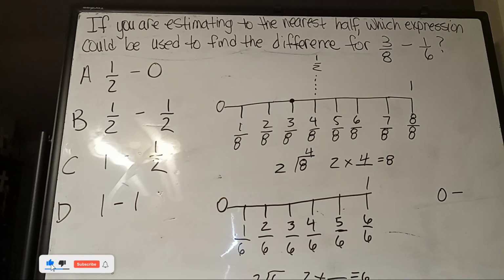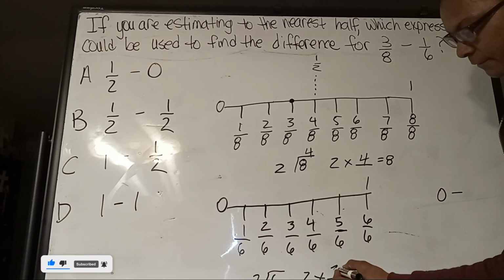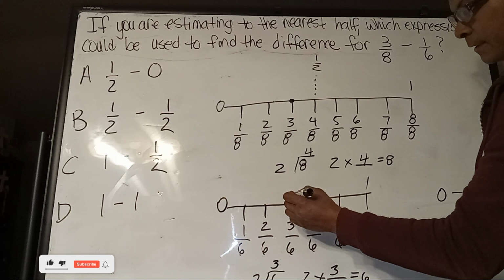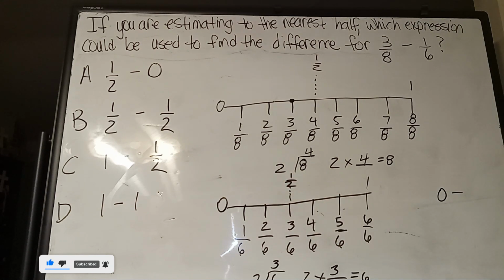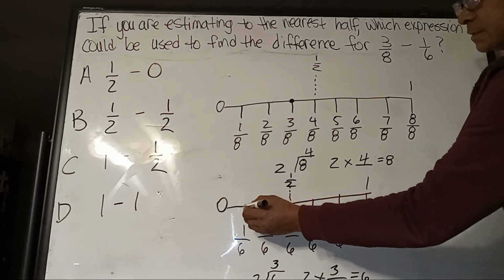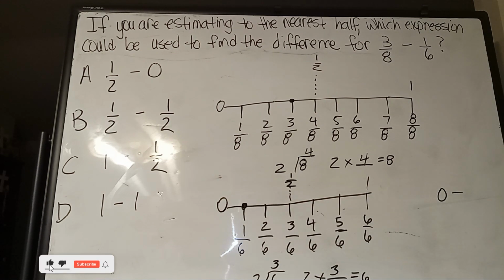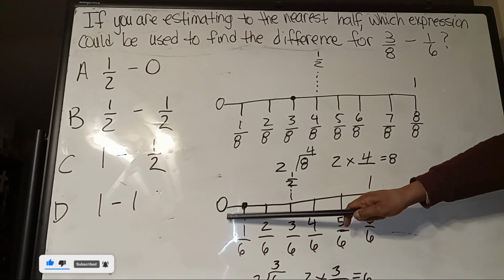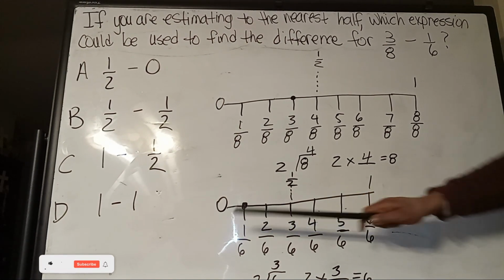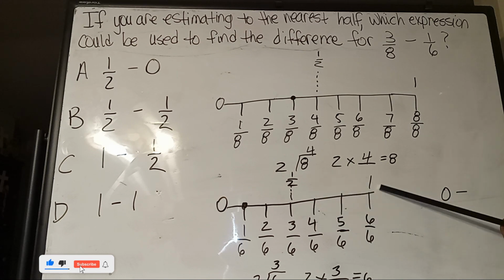What's it going to be, sir? 3 groups. All right, there we go. Great job. And that's where our half mark is. Now we can label our fraction and ask ourselves that big old question. Is it closer to the 0, our fraction? Is it closer to the half, or is it closer to the whole? 0. Here we go. All right.